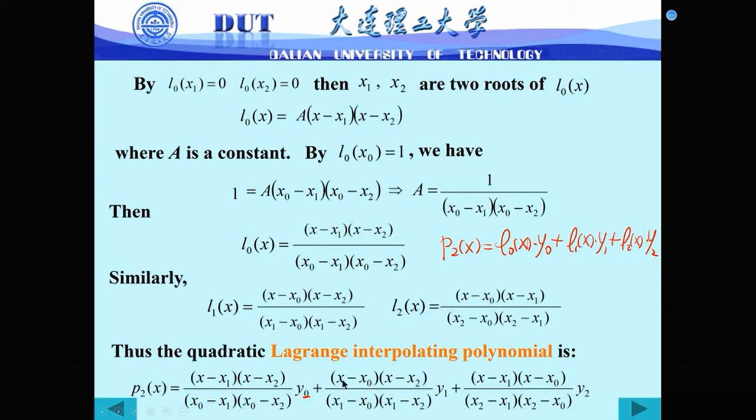And then replace x by x1 to obtain the denominator. Clear? So for y2, the numerator is x minus other nodes 1, 0, right? And divided by the denominator, replace x by x2. Okay, clear? So now you see, it is very easy to remember the function, right?